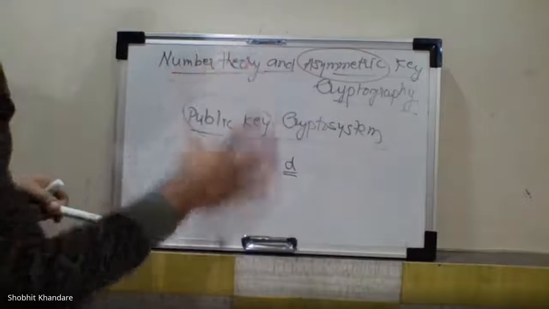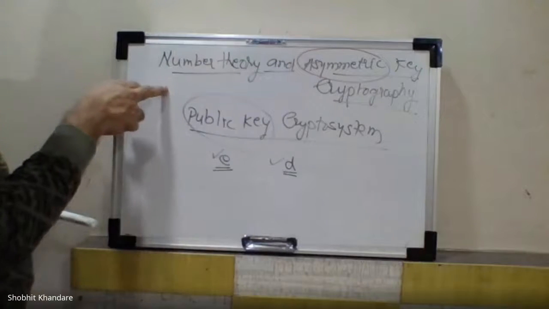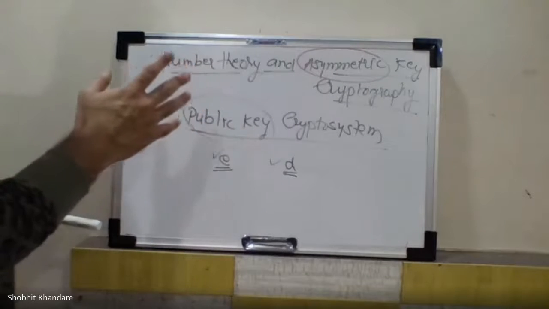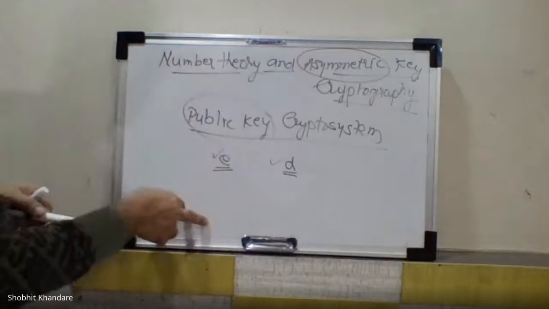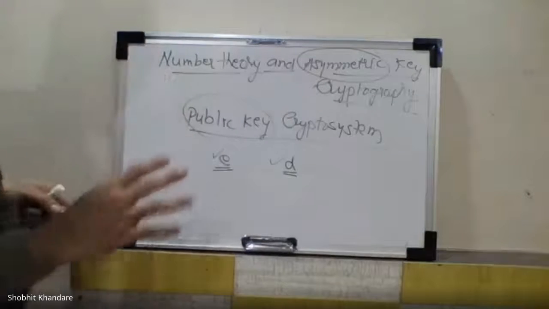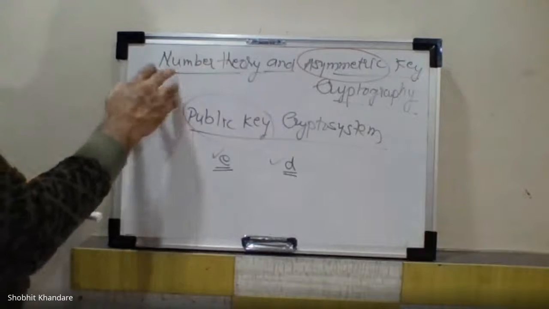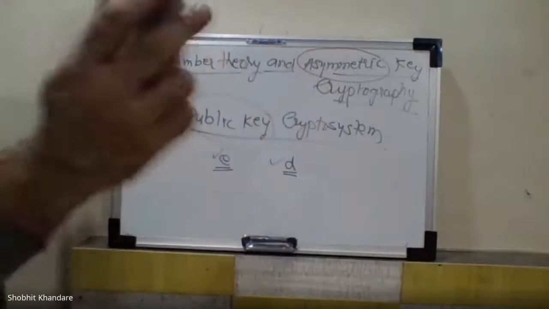While explaining the RSA algorithm, I will explain the concept of number theory: the numbers we have, prime numbers, then Euler's quotient function. So in the same algorithm, we are going to understand the number theory also, instead of taking it as a separate part.